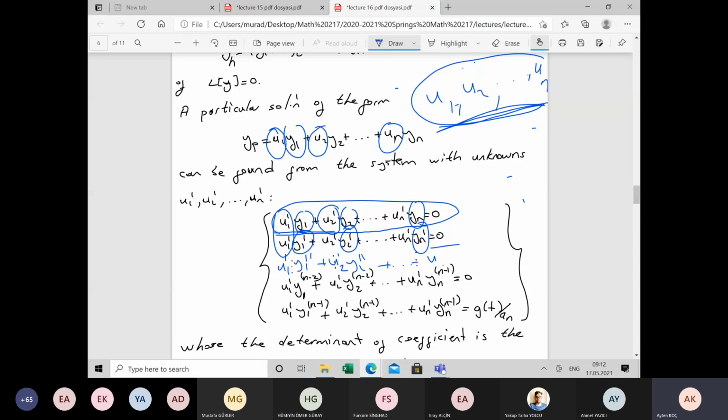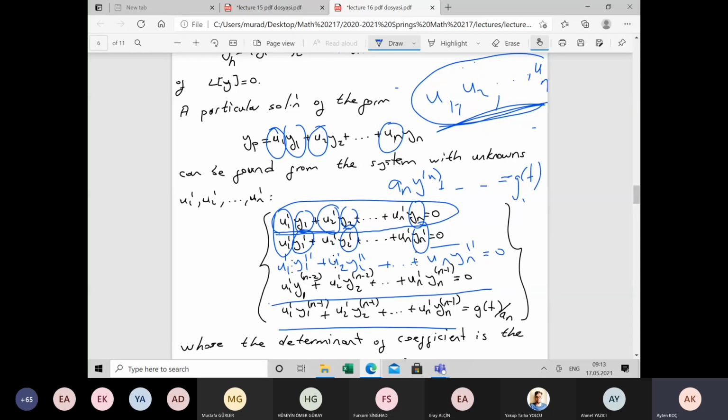And the last one: if our differential equation is not in standard form, the right side is equal to g of t.